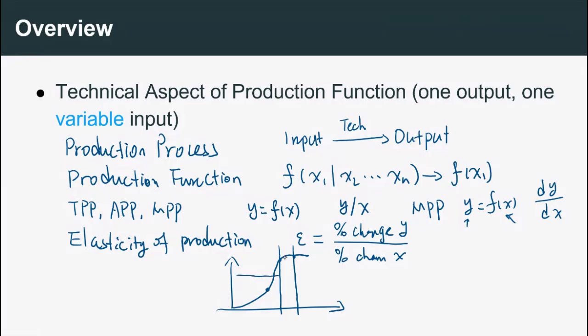On this region, your elasticity is greater than 1, and in the middle region here, it's between 0 and 1, and on this region on the right, your elasticity is smaller than 0, and your elasticity can also be written as your MPP over your APP.